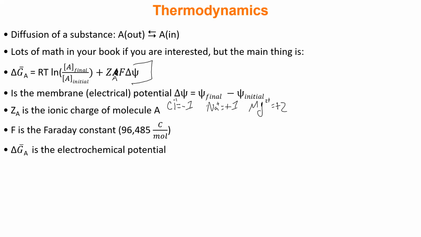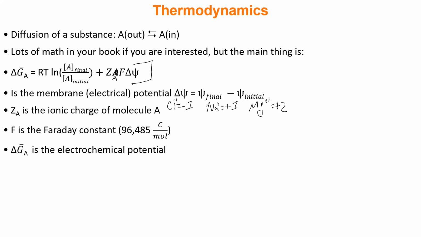Inside the cell and outside the cell, these are not neutral environments. They have charges. And so if you're moving ions or a molecule that is charged, you have to consider, am I moving to a region of positive charge or am I moving to a region of negative charge?